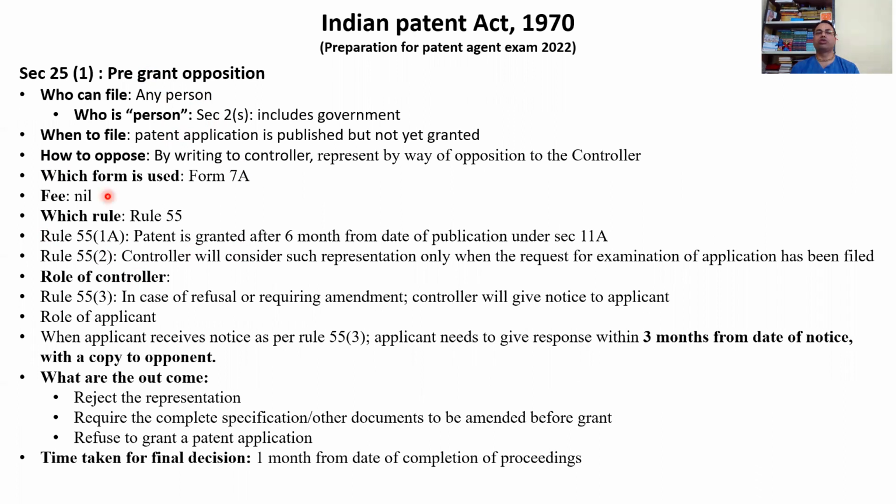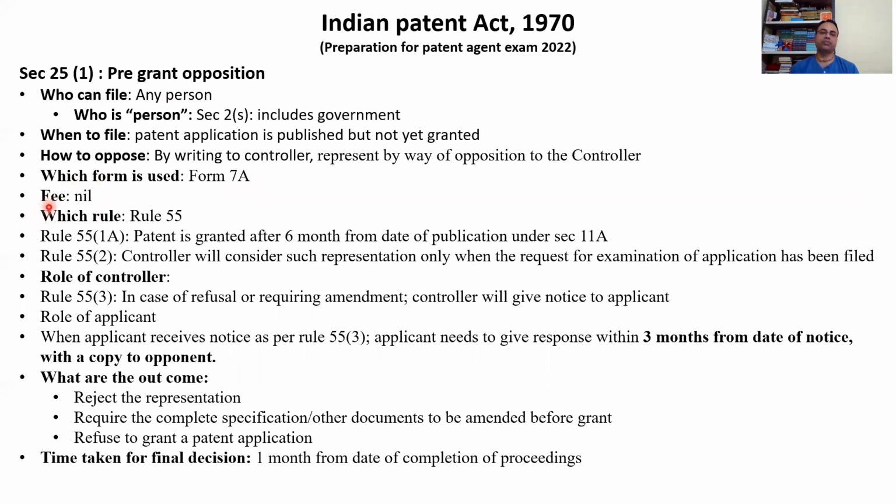According to section 25(1), you don't need to write it as it is, but based on the situation given in the question, you can start by saying that anytime before the grant, we can file. So let us file form 7A, and there is no fee for that.